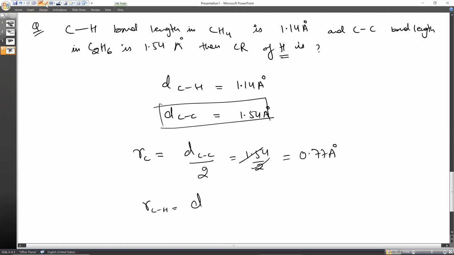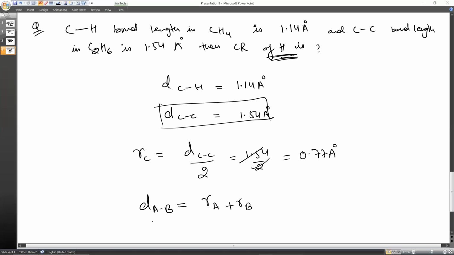The bond length of the CH bond is being given to you, and you need to calculate this one. If I talk about DAB, when heteroatoms are there, what we do here is we write the radius of A plus radius of B.